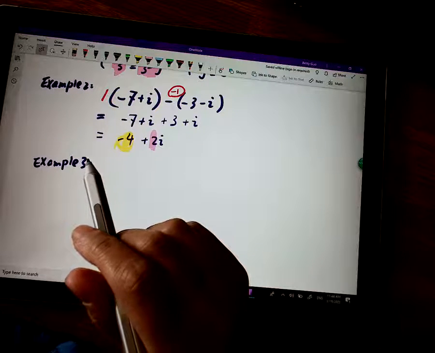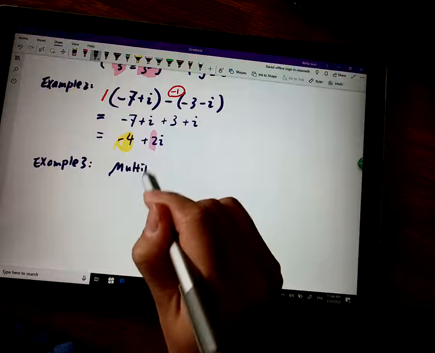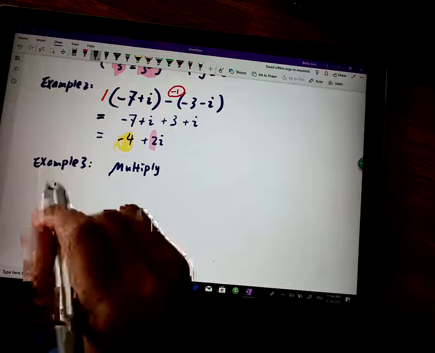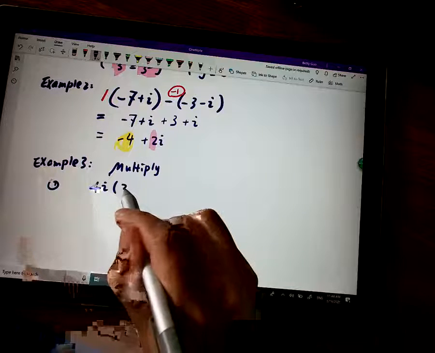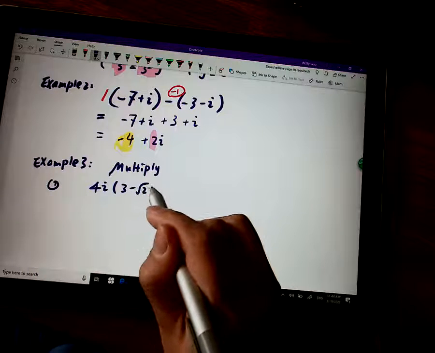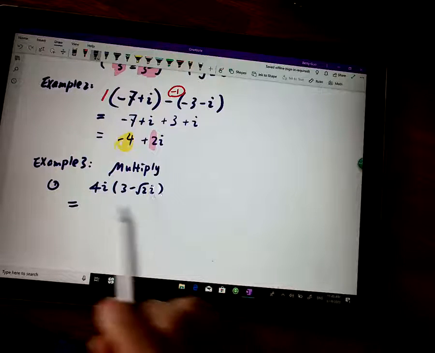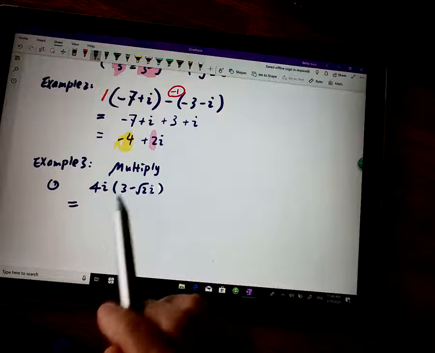Multiply 2 complex numbers. Number 1, 4i times 3 minus root 2 i. As I said, you can just deal with those expressions as usual.